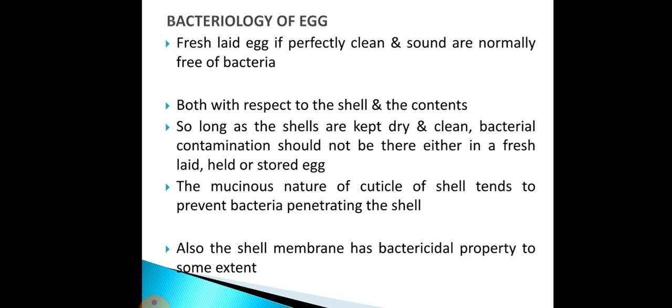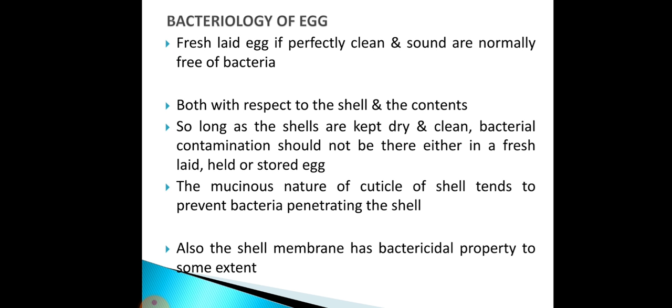So long as the shells are kept dry and clean, bacterial contamination should not be there either in a fresh laid, held, or stored egg. The mucinous nature of the cuticle of the shell tends to prevent bacteria penetrating the shell. Also, the shell membrane has bactericidal property to some extent.